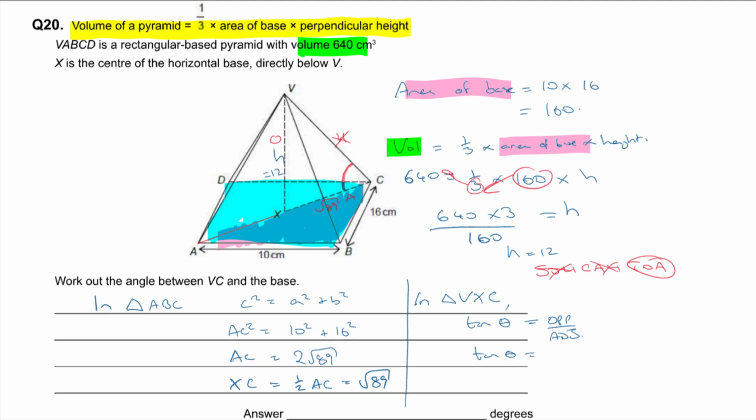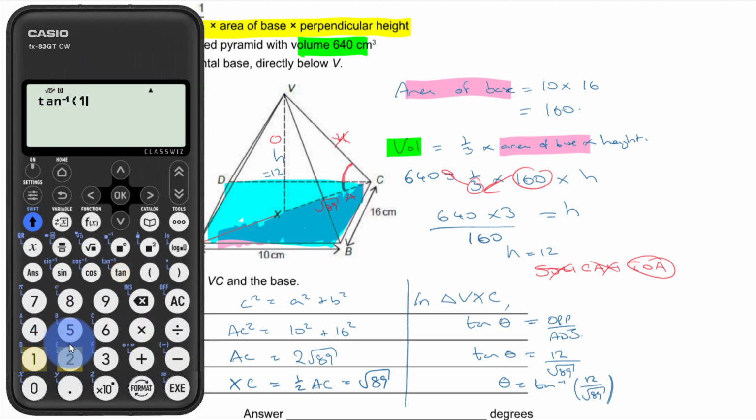So tan theta is equal to 12, which is the opposite, over the root of 89, which is the adjacent. Then what I want is theta, though, I don't want tan theta, so theta is equal to the inverse tangent of 12 over the root of 89. So what's that?